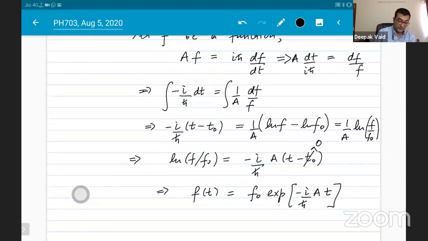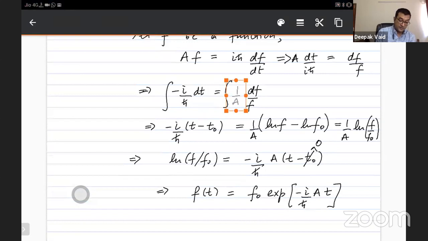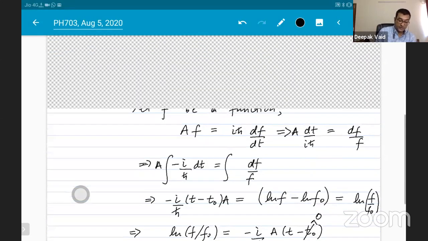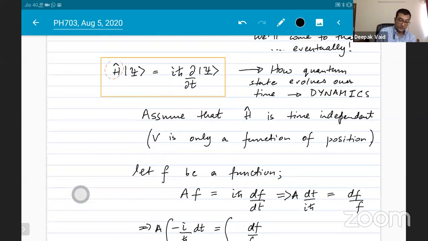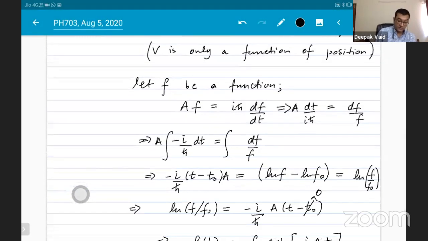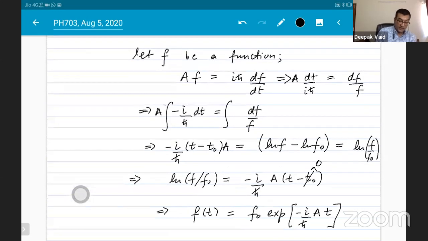It's better to just leave it up here. So do a little bit of surgery here and just put A here. Because my assumption is that this A does not depend on time, in our case, what does this A correspond to? It corresponds to this Hamiltonian. And since this Hamiltonian doesn't depend on time, I can keep it outside the integral.